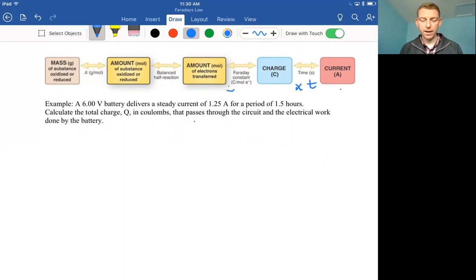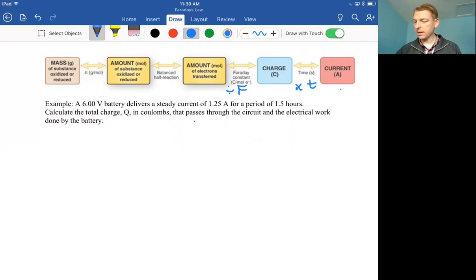If we then divide by Faraday's constant, then we get moles of electrons, which we can then use through our balanced reactions. Half reaction, full reaction, we're still going to get the same amount of substances, to get the amount in moles of the metal or the ion that we're interested in, and then finally into its mass by converting from moles to grams.